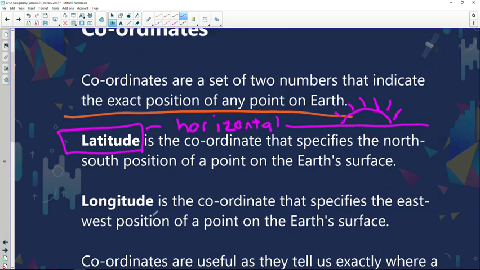And then the longitude that we use for coordinates shows us the east and west position, and those are the vertical lines. People get confused between the two, but it's the latitude lines that run horizontally, and the longitude lines are vertical lines, moving east or moving west.